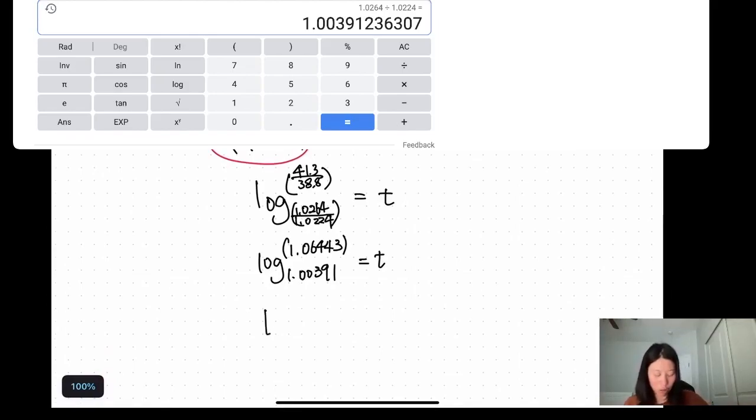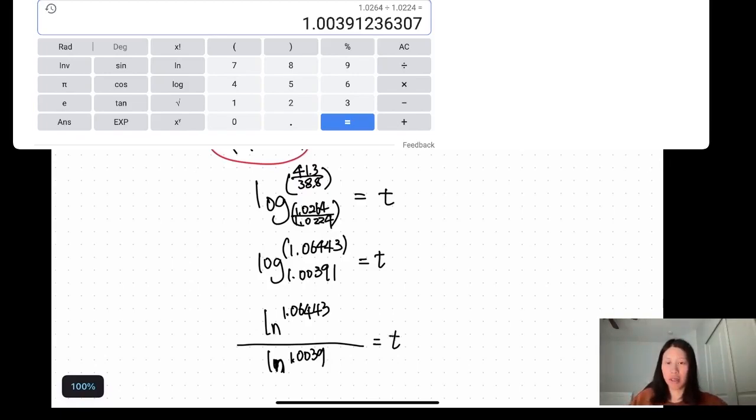In a calculator, you want to put it as a natural log or common log to divide them, by what we learned about the change of base property. Then we will figure out t. So this is going to be what?